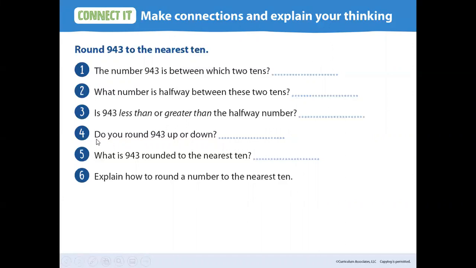Question 4. Do you round 943 up or down? Question 5. What is 943 rounded to the nearest 10? Question 6. Explain how to round a number to the nearest 10.